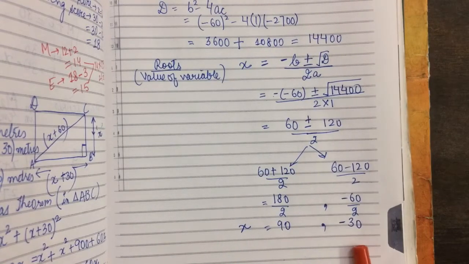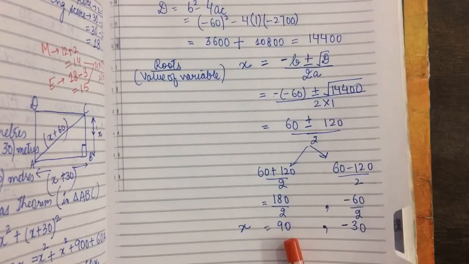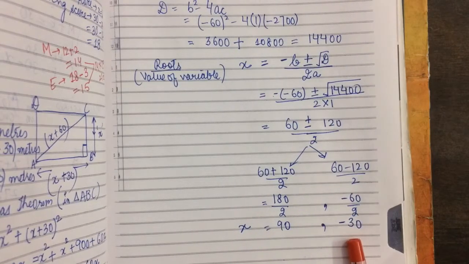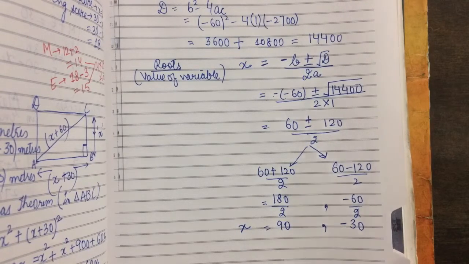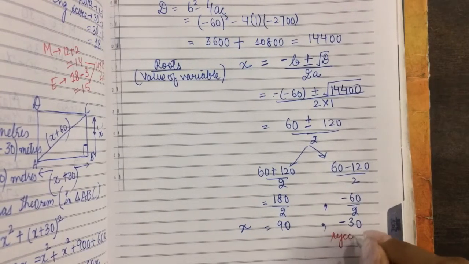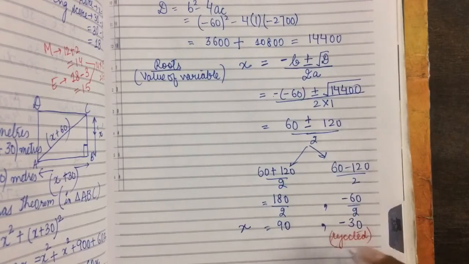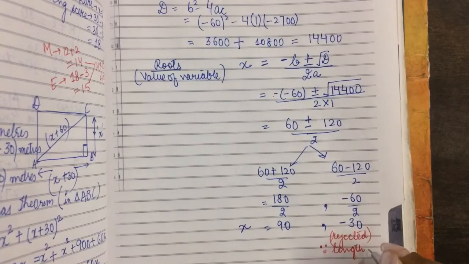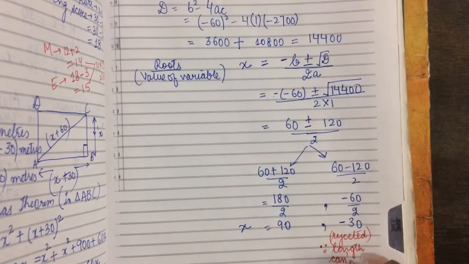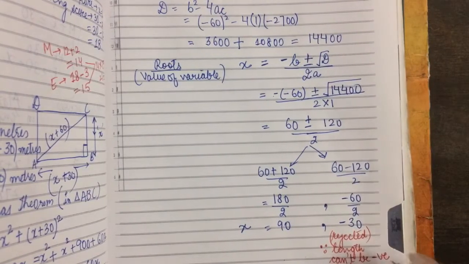But out of these two values, the second value is not possible because x represents the length of the side and length cannot be negative. So this value will be rejected because length cannot be negative.